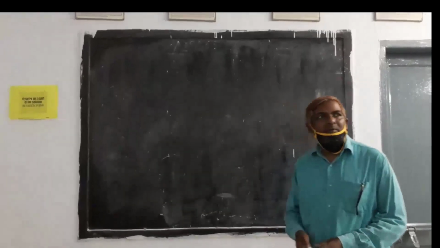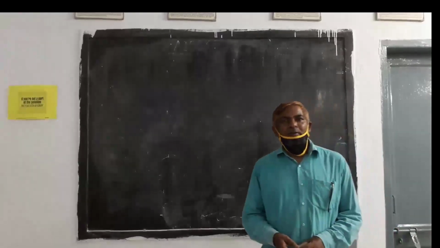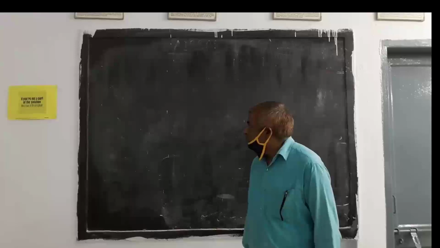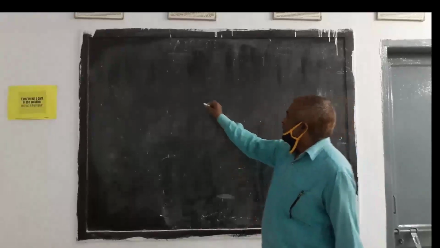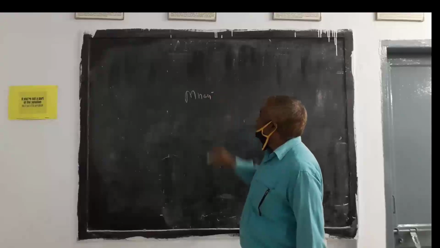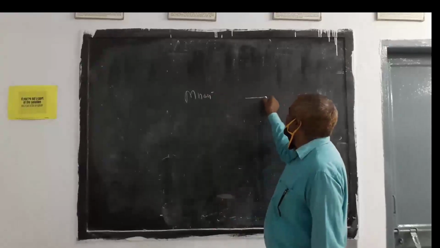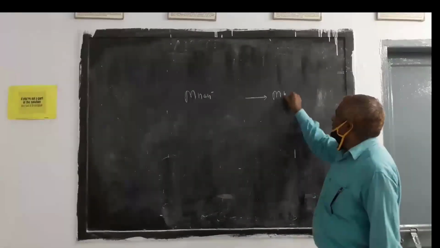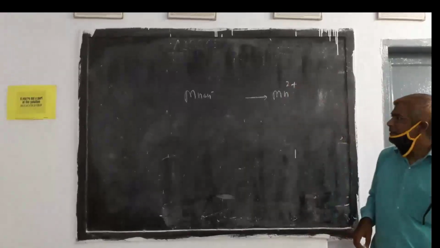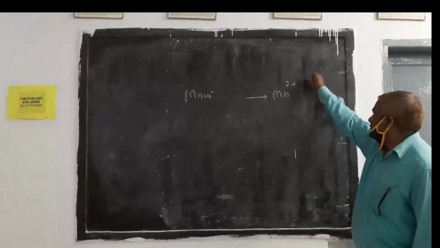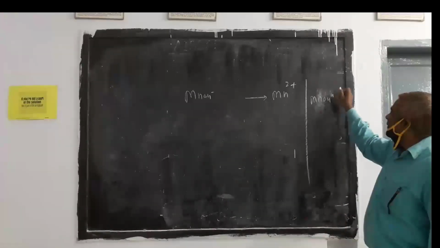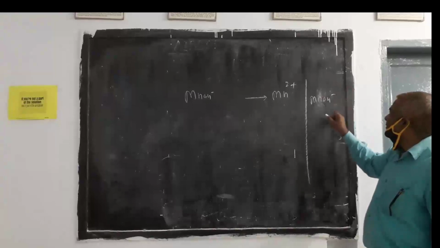Calculation of the experiment. In the calculation, the ionic equation is required. KMnO4 contains MnO4 minus. It is converted into Mn2 plus. Now balance the charge.